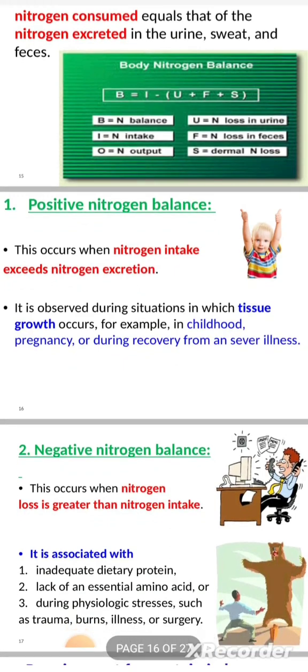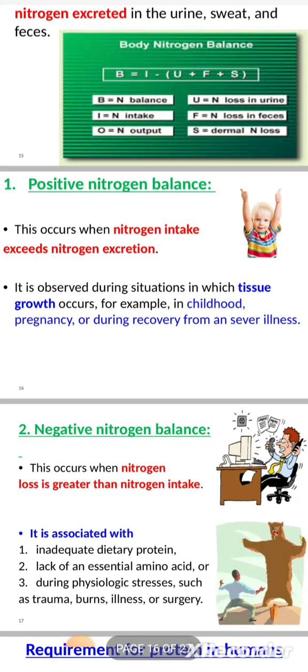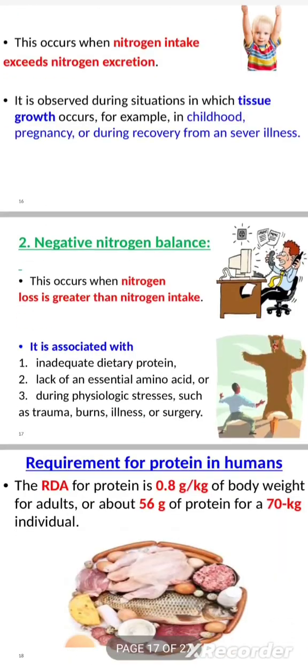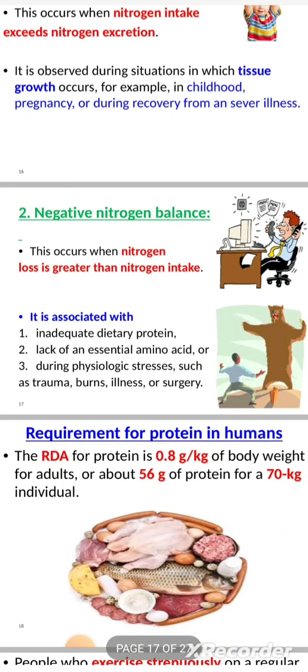Positive nitrogen balance occurs when nitrogen intake exceeds nitrogen excretion. This is observed in situations in which tissue grows, for example in childhood, pregnancy, and during recovery from severe illness. You have a positive nitrogen balance: your intake exceeds your excretion. Negative is the opposite, where nitrogen loss is greater than nitrogen intake.